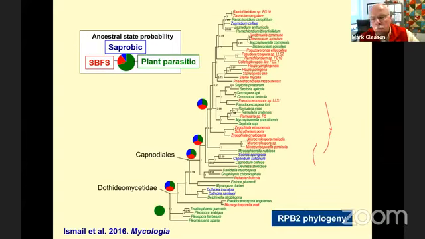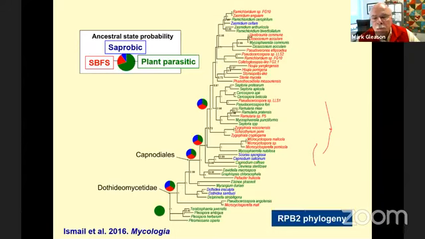If you'll notice the tree, and these are all species that are extant, they are occurring right now in 2021. You'll notice that sooty blotch and flyspeck species are listed in red. Those red entries are all sooty blotch and flyspeck species.